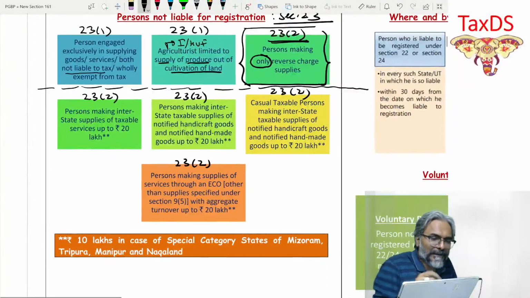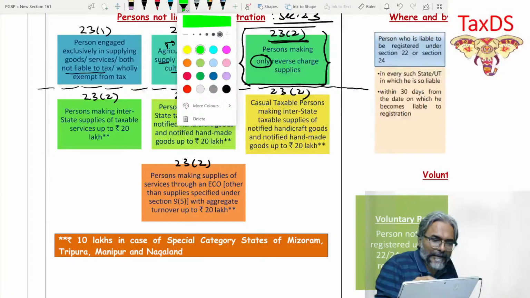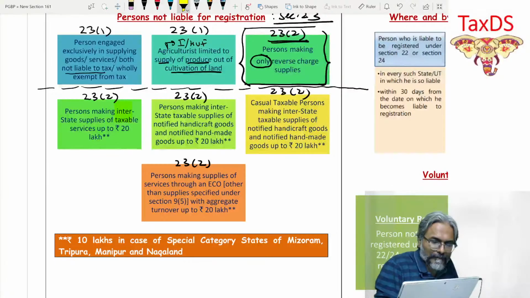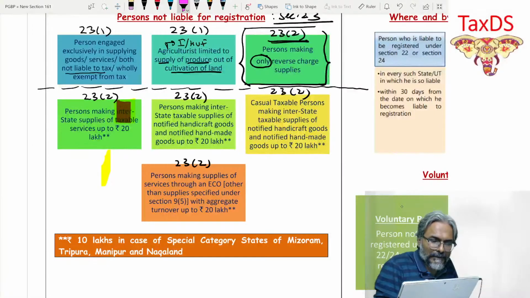If you see over here, the next two are about interstate supply. Is it an interstate supply? The answer is yes. That is exactly the point. This is interstate supply, and this is also interstate supply.